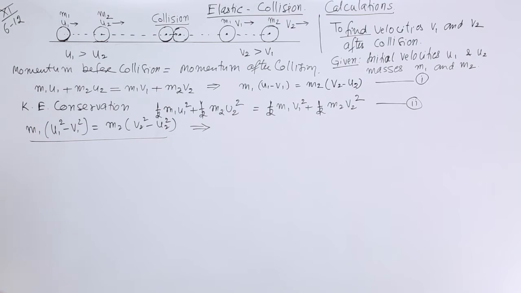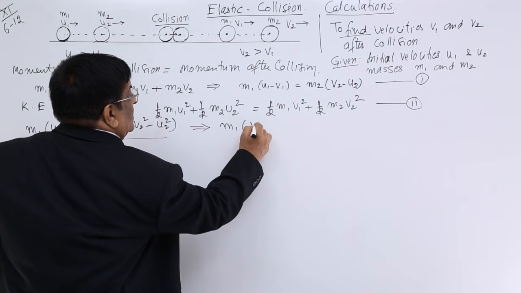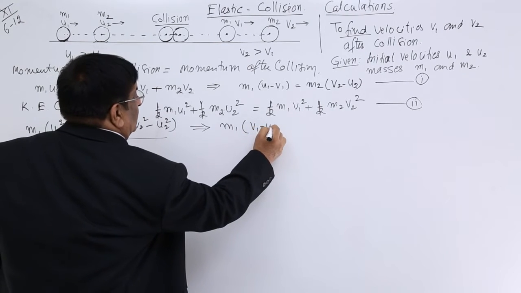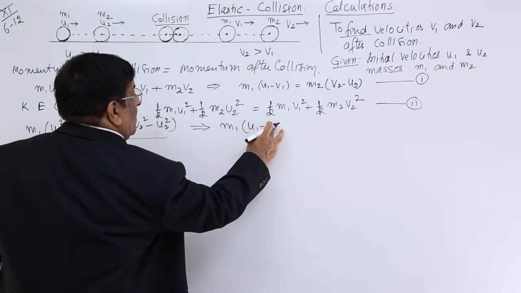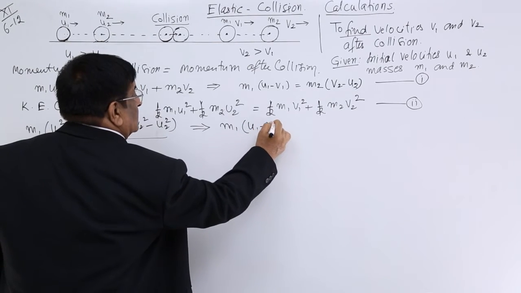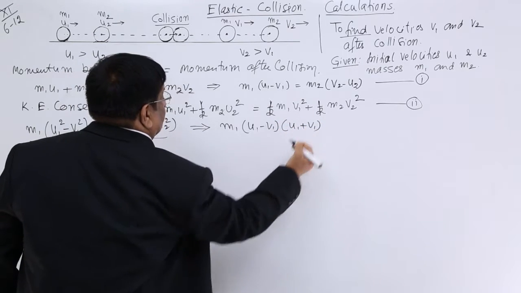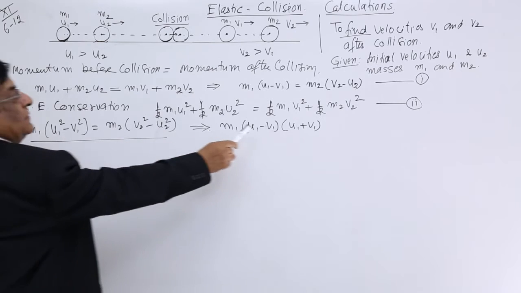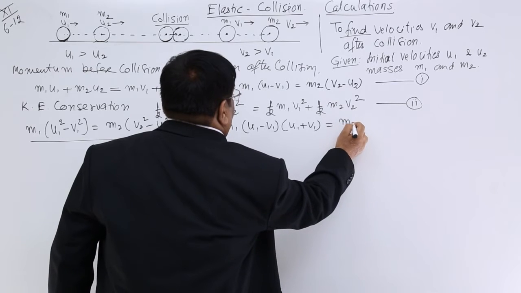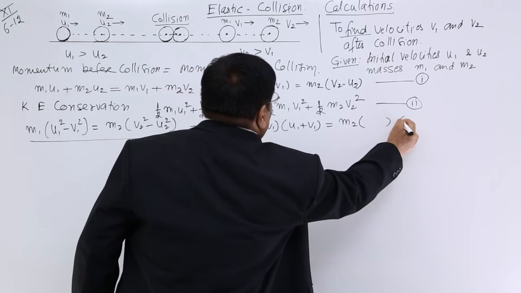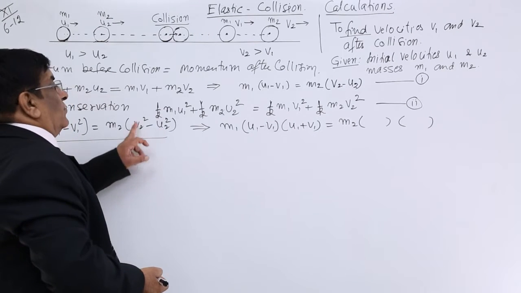This can be derived into two factors: m1 (u1 minus v1)(u1 plus v1) is equal to m2 (v2 minus u2)(v2 plus u2).